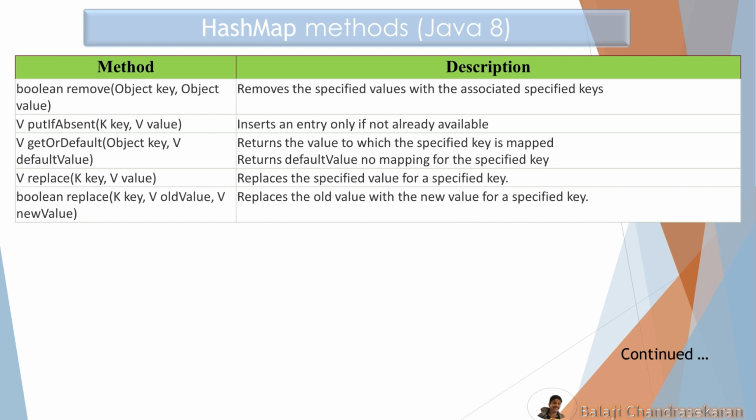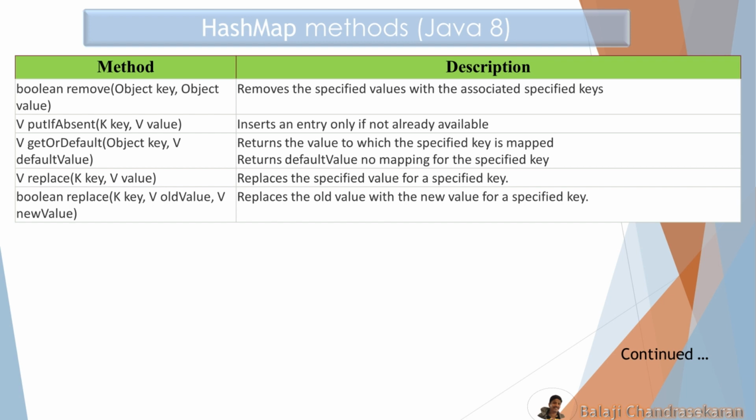If the specified key is not present in the map or the value associated with the key is null, the method associates the key with the specified value and returns null. Otherwise, if the key is already present in the map and has a not null value associated with it, the method does nothing and returns the current value associated with the key.